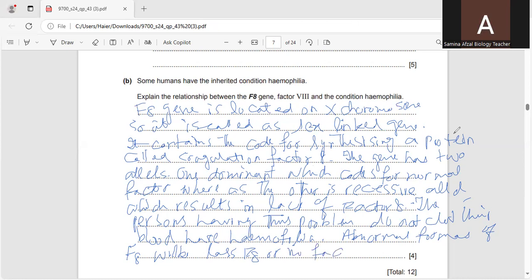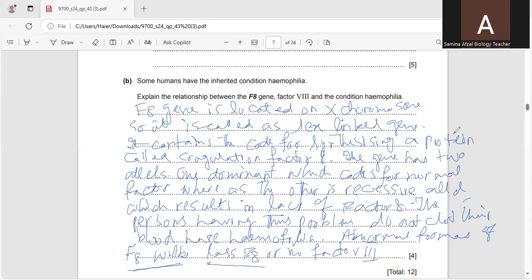So the severity of this hemophilia will be different in all these cases. When there will be no factor VIII, the person will have a different scenario compared to when there is production of less factor VIII. So in this way, the person suffering with this can sometimes even bleed to death.